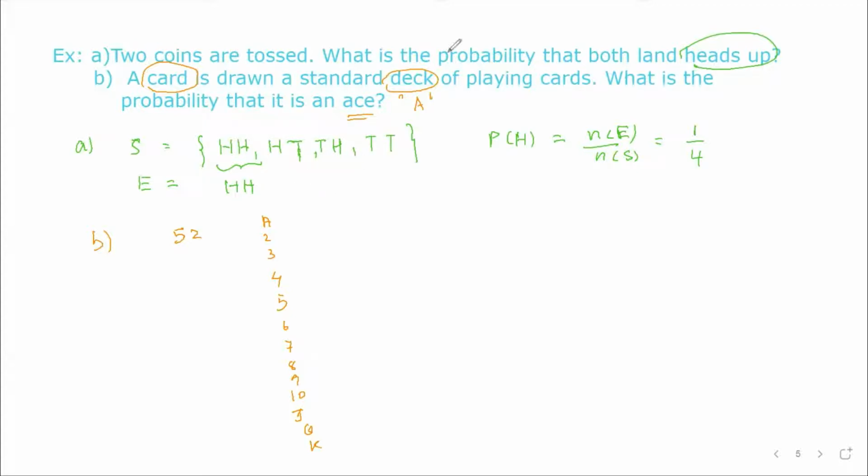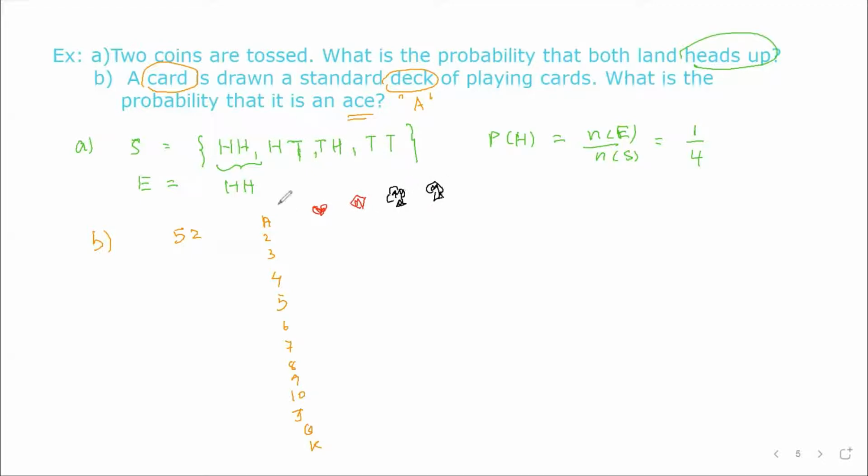Let me draw here. Heart, red one, and diamond, red. And what else do we have? Maybe I use this one. This one, club, right? And then spade.